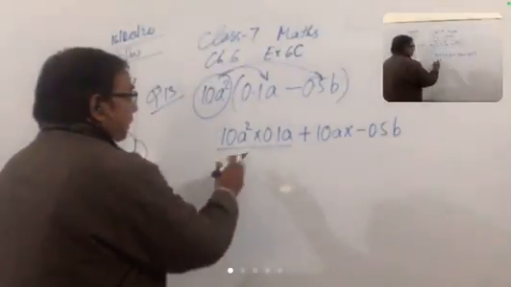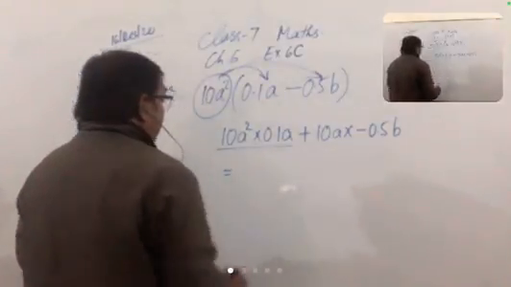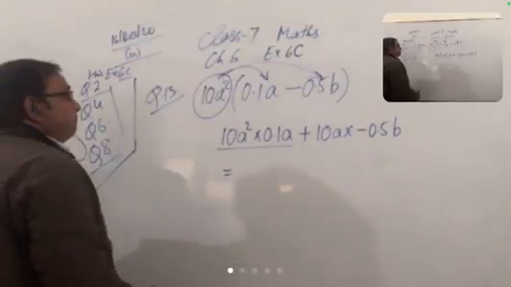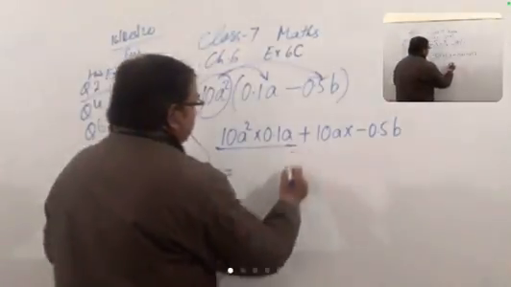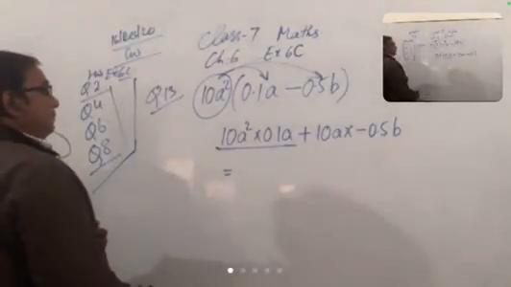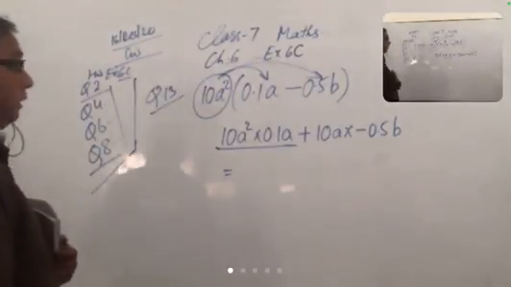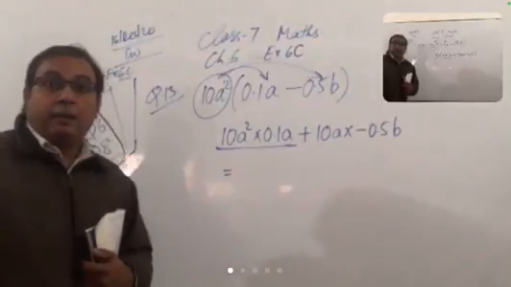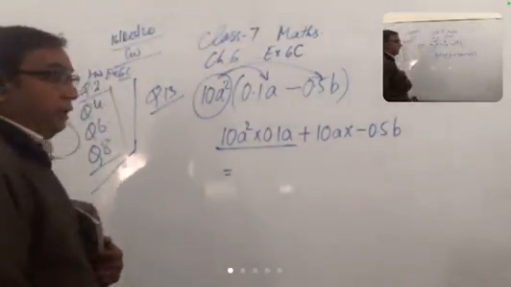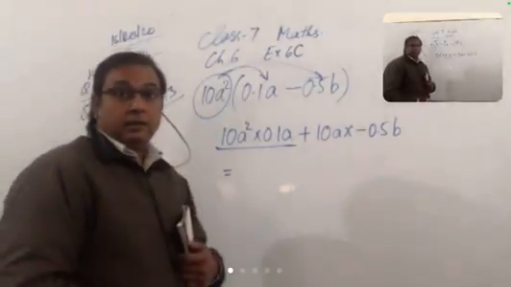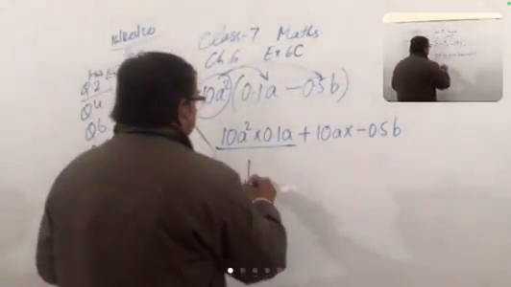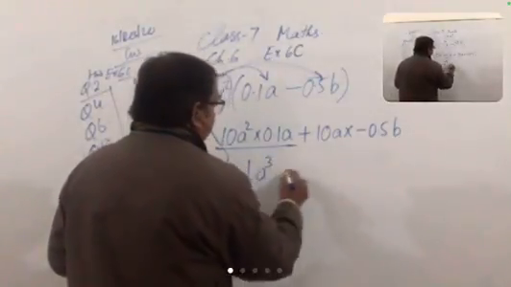So what is the product of the first two? Ojas, tell me the product of first two terms. 11a cube. What? 11? Please wait. 10 multiplied by 0.1 is equal to 1. Yes, Sambhav, answer please. 1a cube plus 5ab.